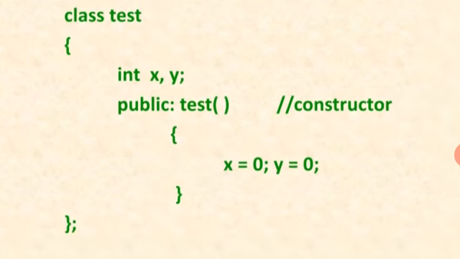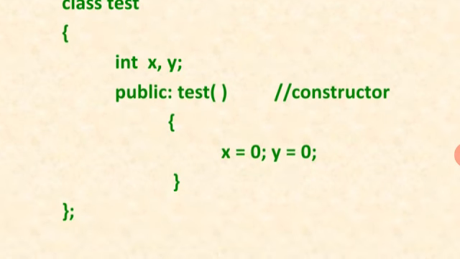Now, as per the rules of the constructor, in a public section, I have declared one constructor. How do you say it is a constructor? You can identify the constructor by the rules itself. First rule says that the name of the constructor and the class name should be the same.